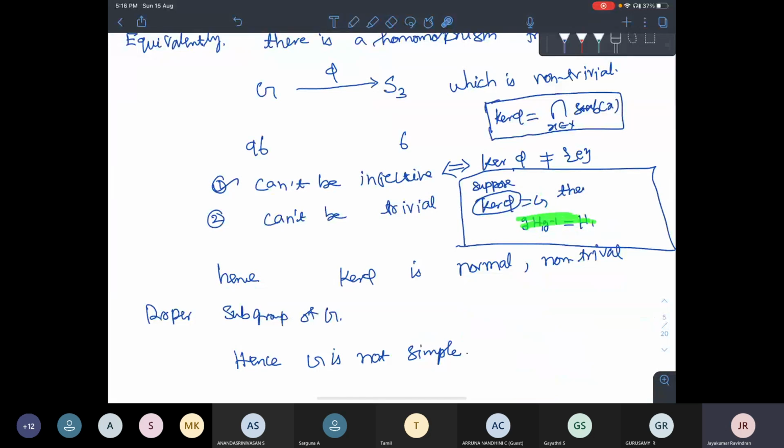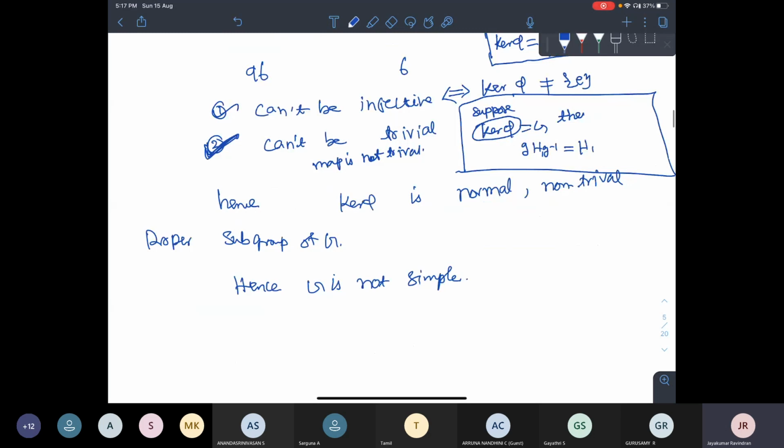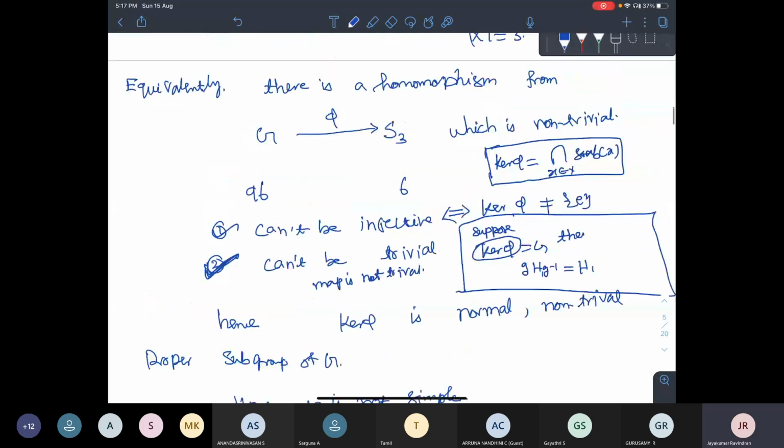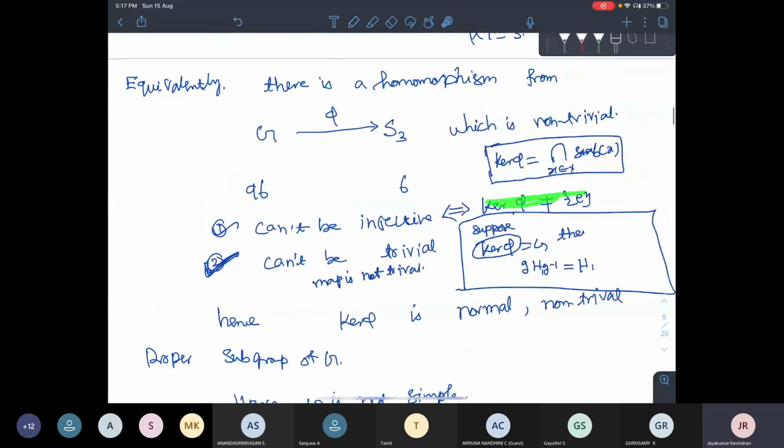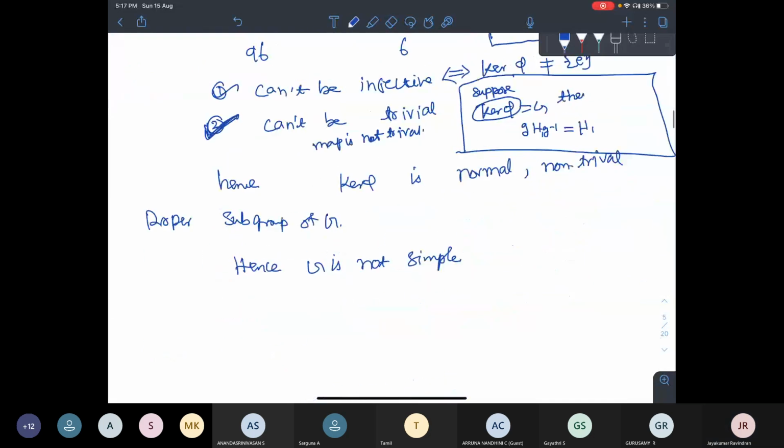So that says the kernel cannot be the whole, which means the map is not trivial. So the kernel is now not the identity, and not the full group either.